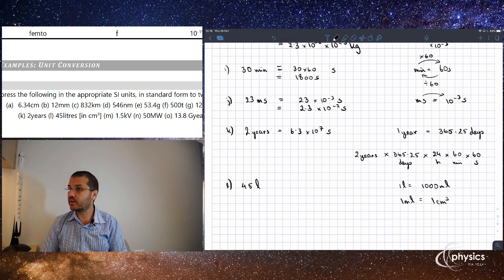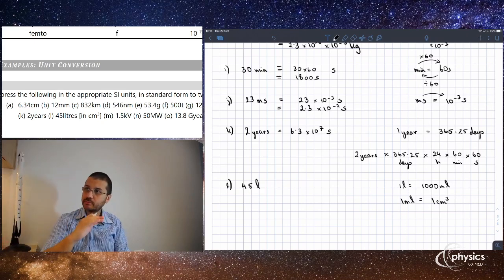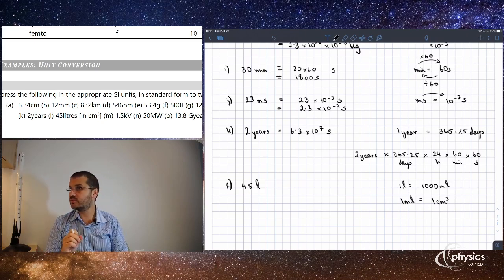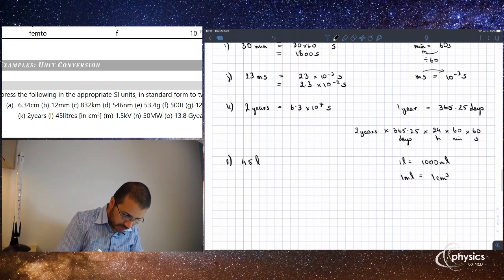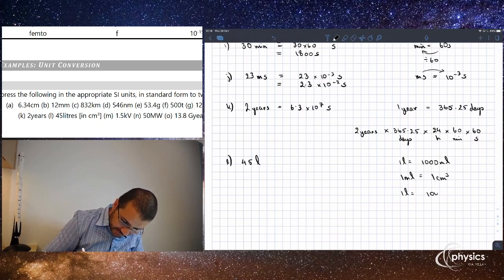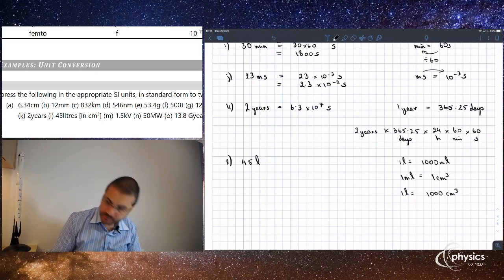Exactly. So if you're using liters and you have to change from liters into centimeters cubed or meters cubed, you have to remember that 1 milliliter is exactly 1 centimeter cubed. That's very easy. Therefore, in 1 liter, there are 1000 centimeters cubed.